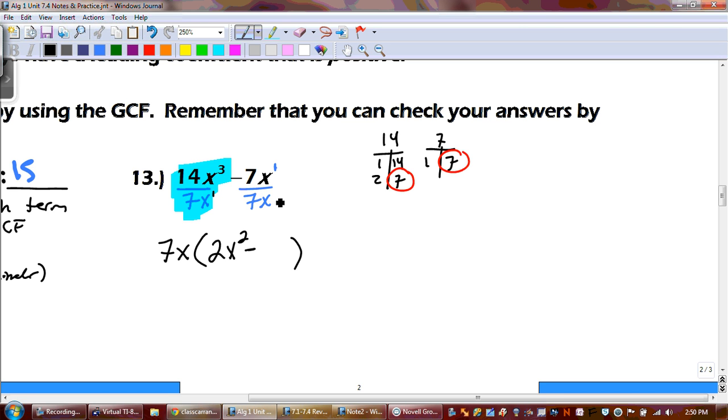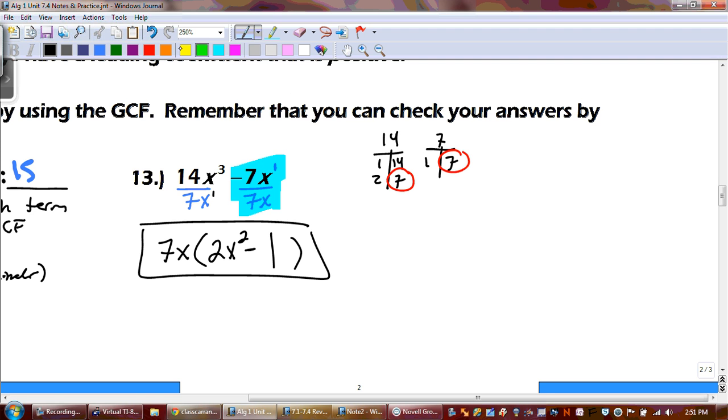We have a subtraction sign in the middle. And now what's negative 7x divided by 7x? You can't be like, oh, they cancel, woohoo! No. What's left over? Well, 7 divided by 7 and x divided by x is 1. Remember, we need that term there, because when you do your check, you have to get the exact same thing.